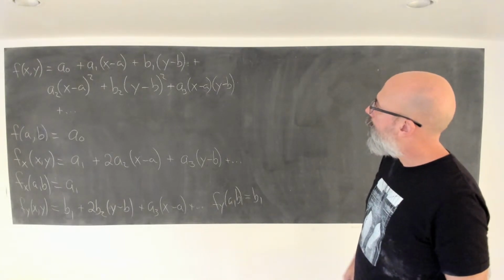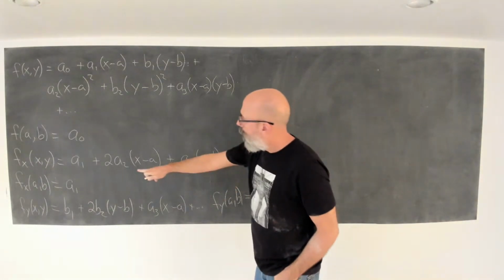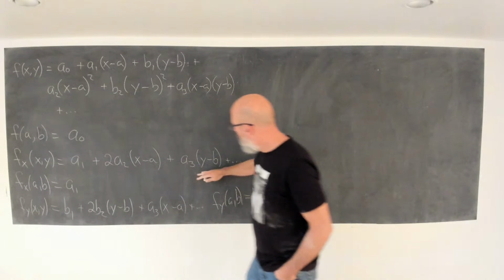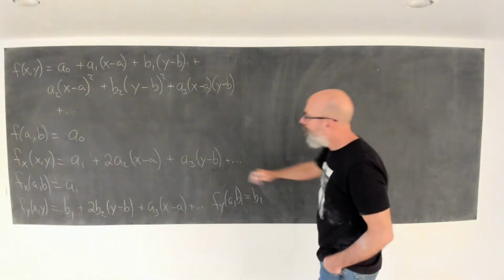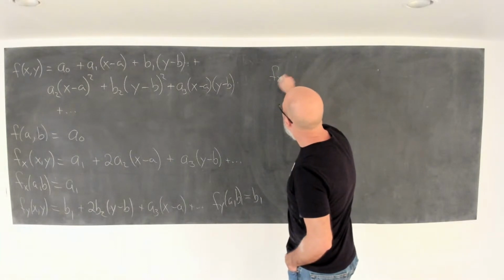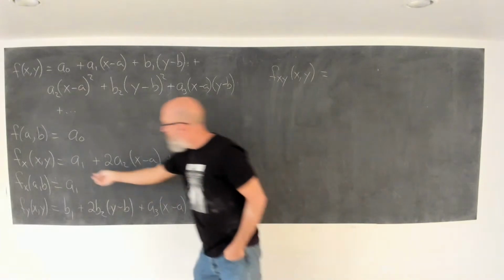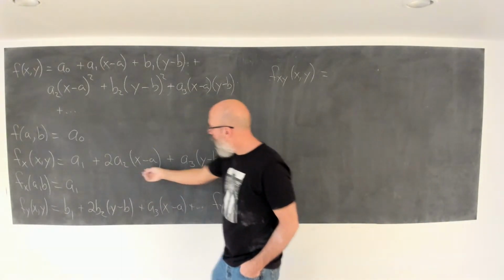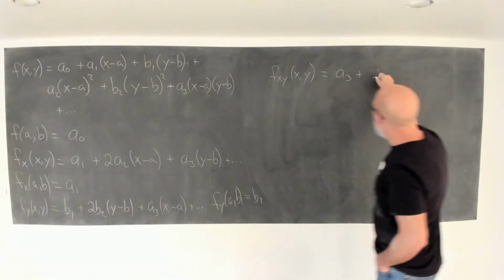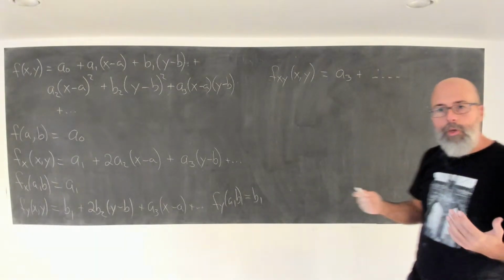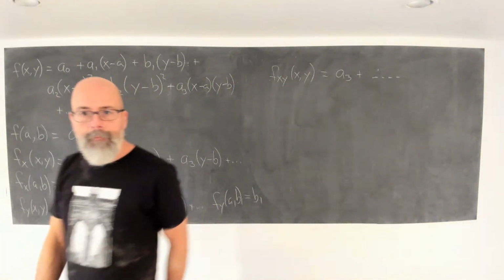We can't find A3, why not? If you look at this and you differentiate this with respect to y, this is 0, this is 0, there's no y there. This is A3. And then you'll get other stuff which has an (x minus a) or a (y minus b).